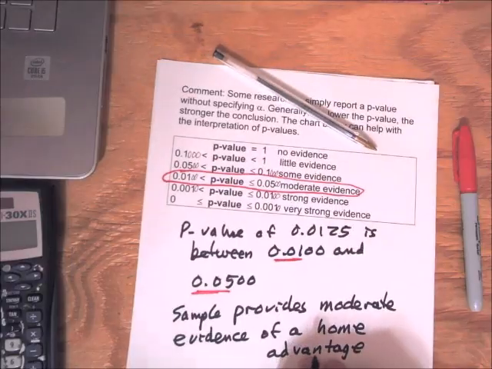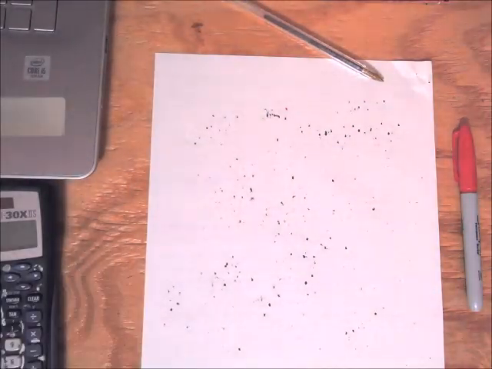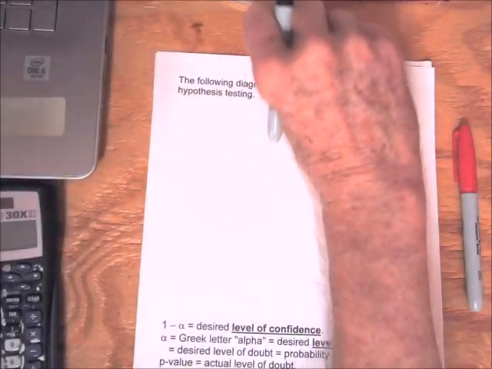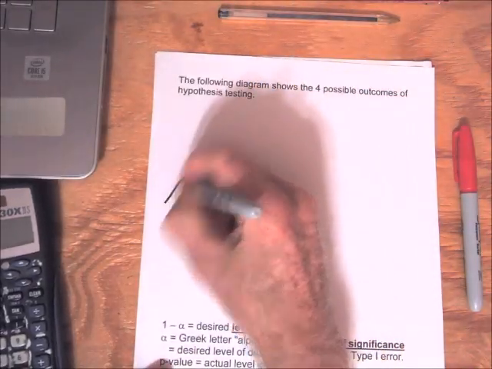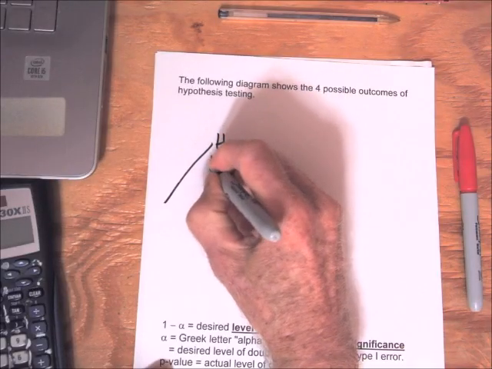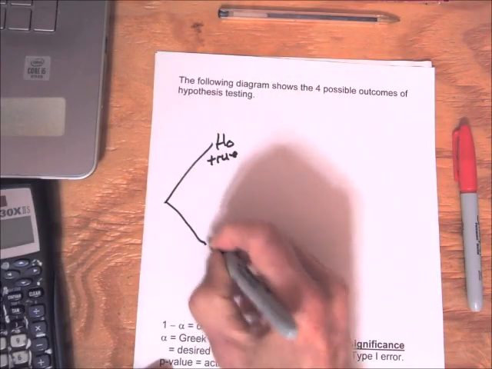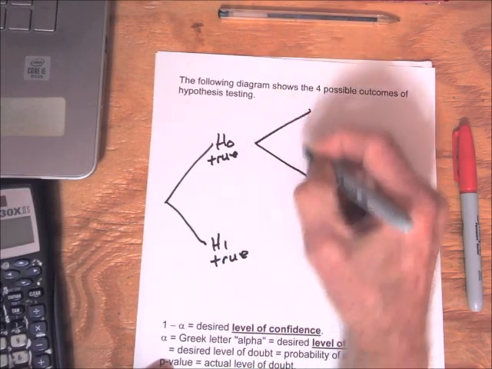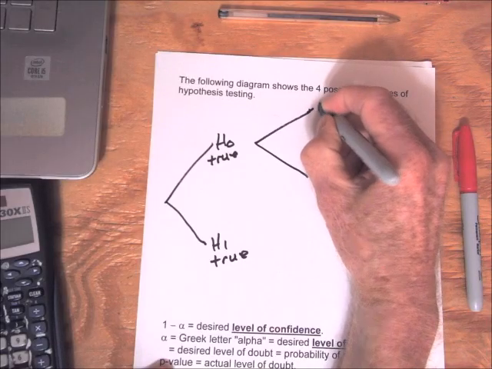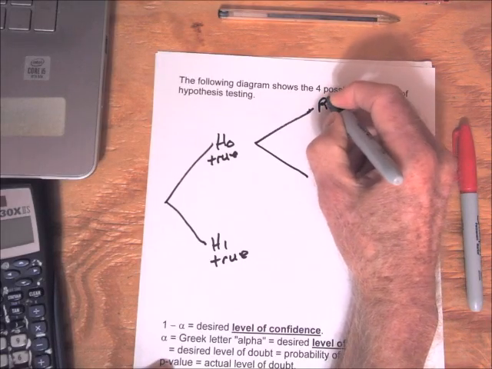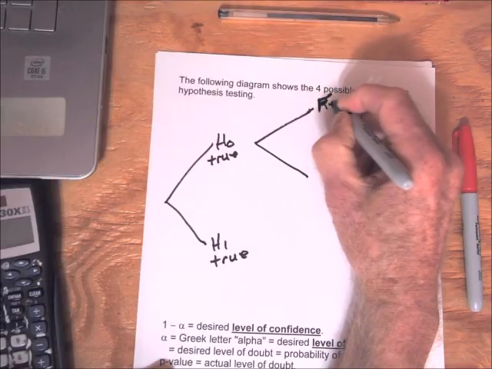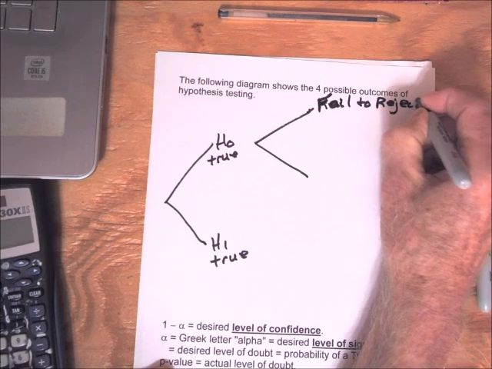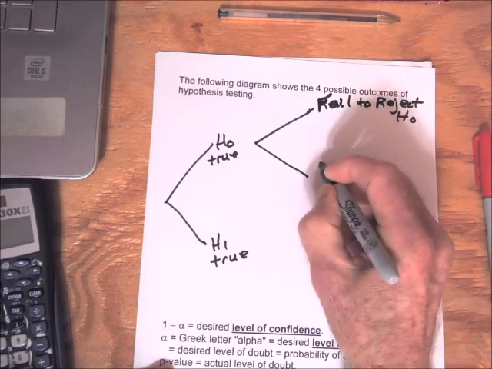Okay, so I'll make a little diagram here showing possible outcomes of hypothesis testing. So either H naught is true or H1 is true, and either we fail to reject H naught or reject H naught.